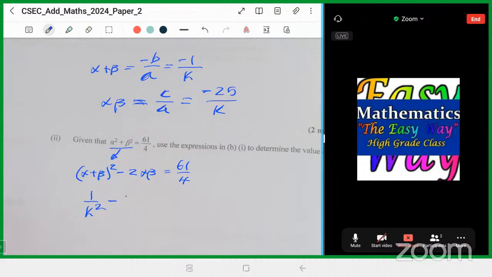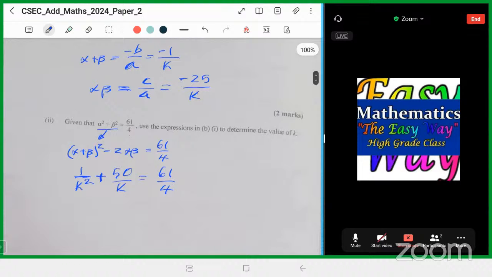Negative, going to become a positive 50. So it's going to become a positive 50 over k. And this is all equal to 61 over 4. All right, let's just check this. So this expression, when we square it, becomes that. And if we multiply this by negative 2, it becomes a positive 50 over k.